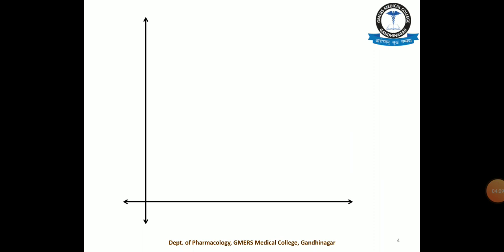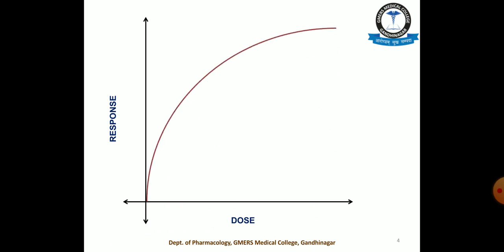This can be discussed with the help of a graph called the dose response curve. On the x-axis we put the dose, and on the y-axis the response, and the curve looks more or less like this. It is the shape of a rectangular hyperbola. Whenever you increase the dose, the response also increases.